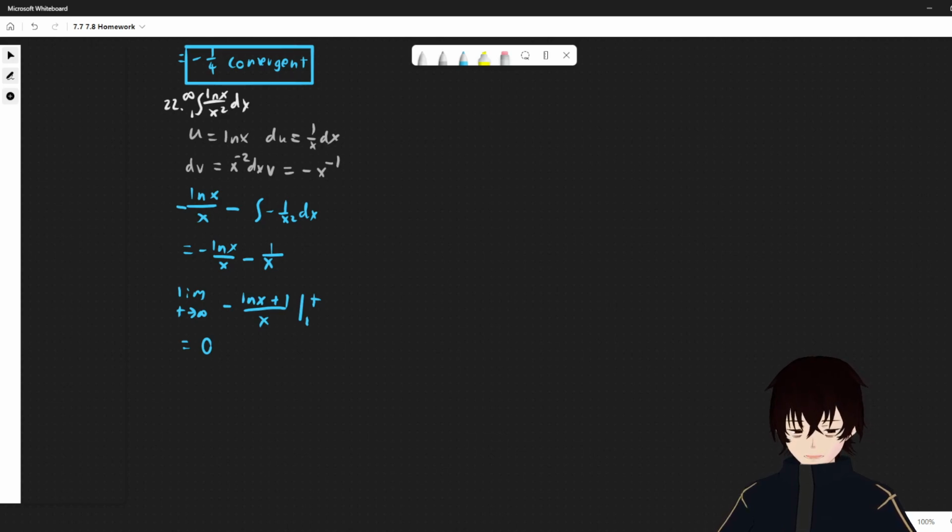Double check. Natural log of x divided by x squared, 1 to infinity. No, it's not 0.